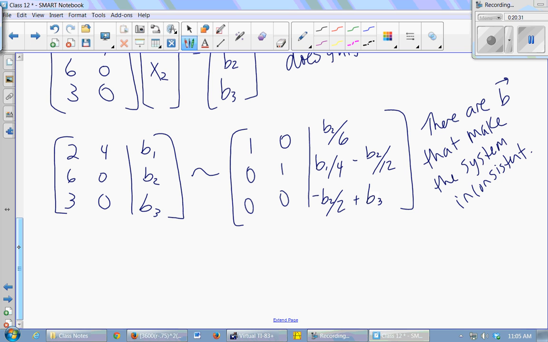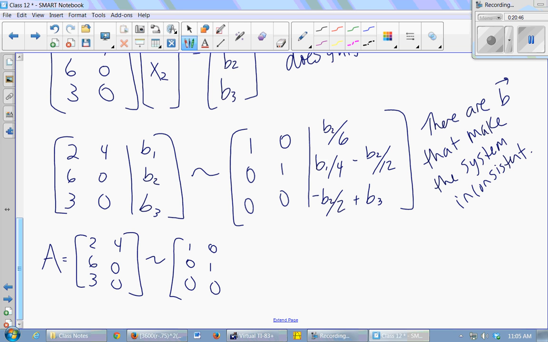All right, so we don't even need to do this thing with the B1, B2, B3, right? All we have to do is take A, 2, 6, 3, 4, 0, 0, and row reduce it to 1, 0, 0, 0, 1, 0, and see that there is a pivot missing from row 3.